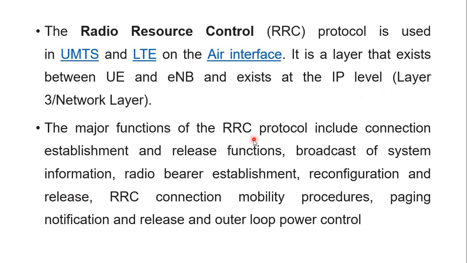The major functions of the RRC protocol include connection establishment and release, broadcast of system information, radio bearer establishment, reconfiguration and release, RRC connection mobility procedures, paging notification and release, and outer loop power control. So these are the major functions of RRC.